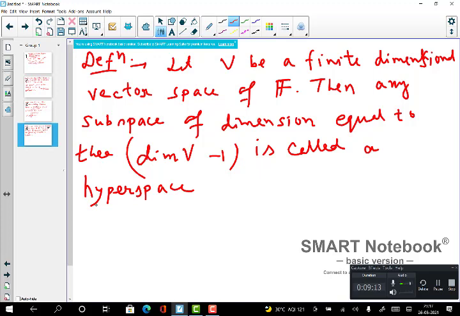So what do you mean by hyperspace? Hyperspaces are the co-dimension one subspaces for a finite dimensional vector space. This is the definition.